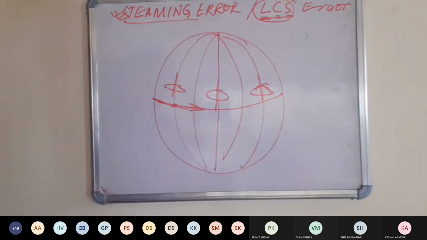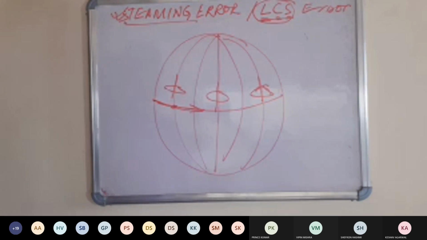So right now, sitting at your home, you are moving at the speed of 67,000 kilometers per hour. Right now, as you are sitting at your table, if somebody is out there in the space and watching you, they will see you moving at the speed of 67,000 kilometers per hour. That's the peripheral speed of the earth.